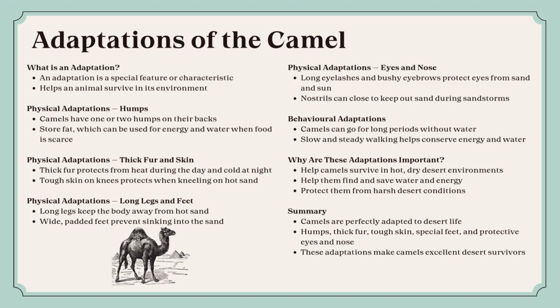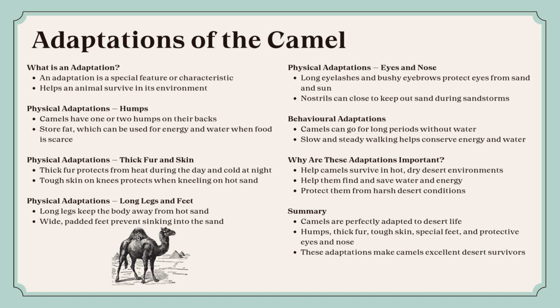What about sandstorms? Camels have long eyelashes and eyebrows to protect their eyes from blowing sand, and they can even close their nostrils to keep the sand out of their noses. So basically, because of their eyelashes and noses that can close properly, they can survive sandstorms. And guess what?